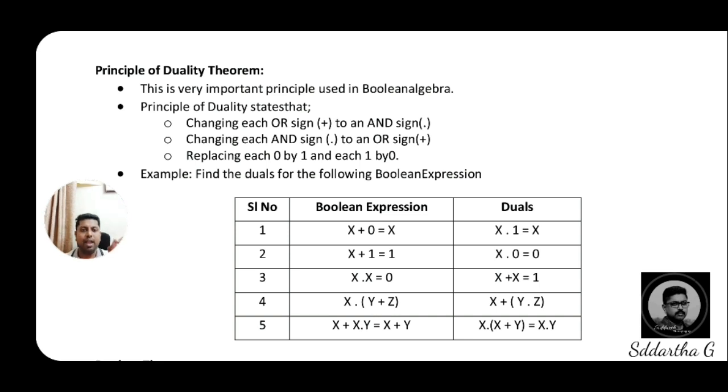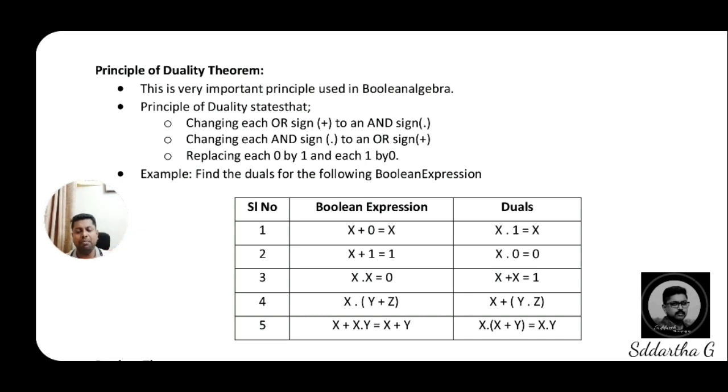Second, changing each AND sign to its OR sign. AND sign means dot, dot into plus. And the third statement, replacing each 0 by 1 and each 1 by 0. So these 3 are the major important statements in the principle of duality.